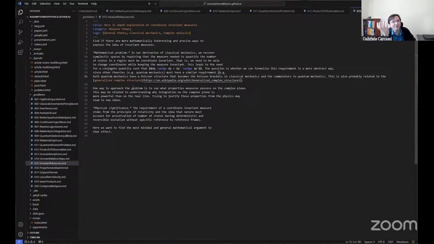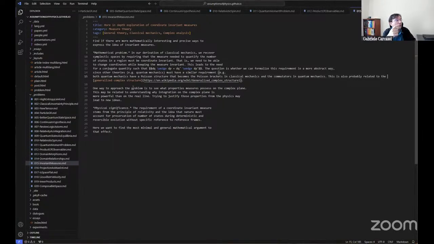So the idea of this invariance is essentially what gives us the symplectic structure, the pairs of variables, the Poisson structure, and the fact that quantum mechanics is in a complex vector space instead of a real or quaternionic one. It's because you have this structure here.